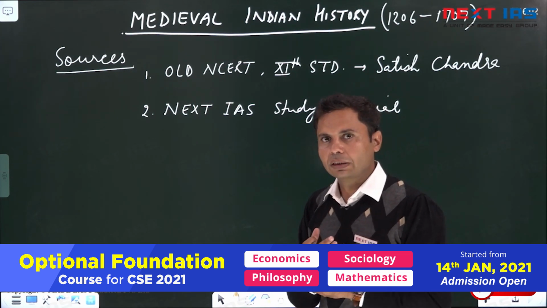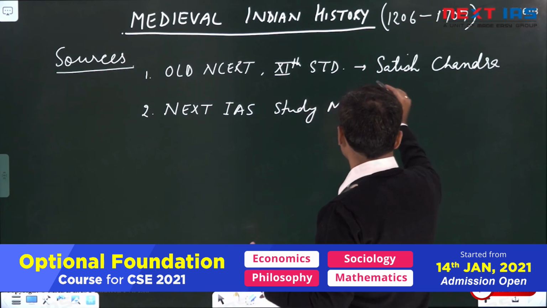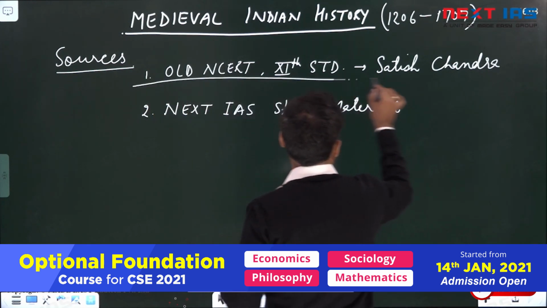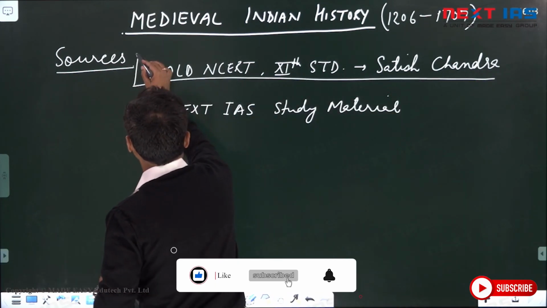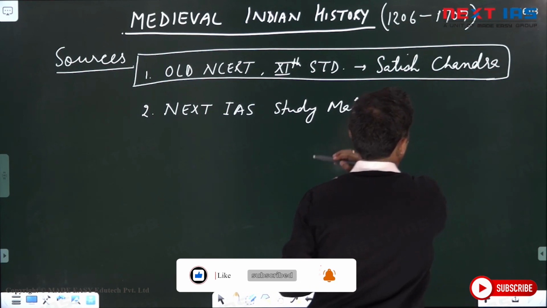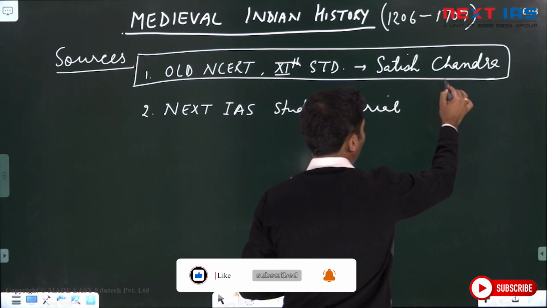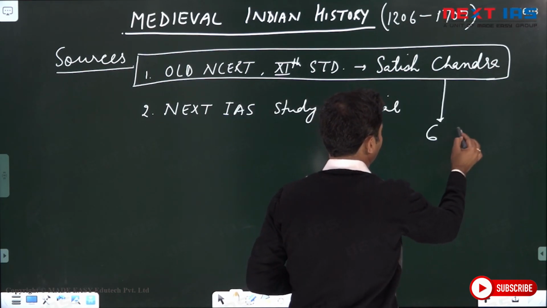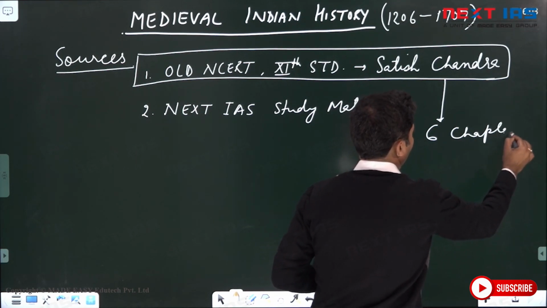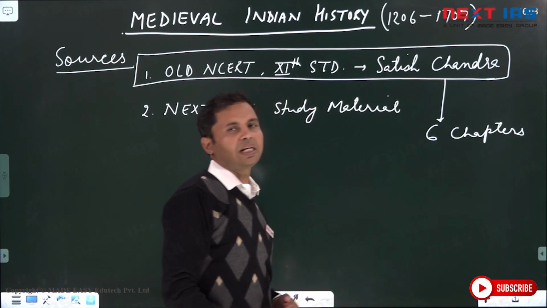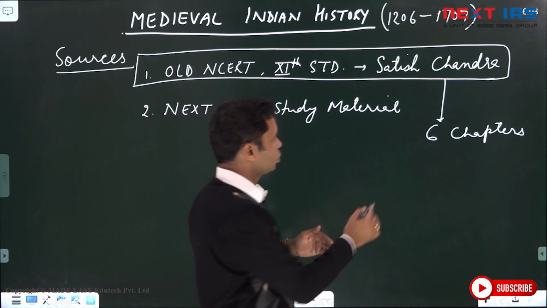So for that matter, I will tell you here the important chapters also which you cannot afford to miss from this book. And here total 6 chapters you have to read multiple times, 5-6 times.